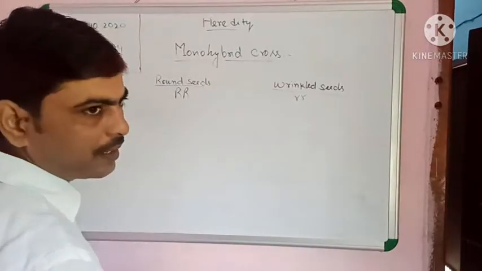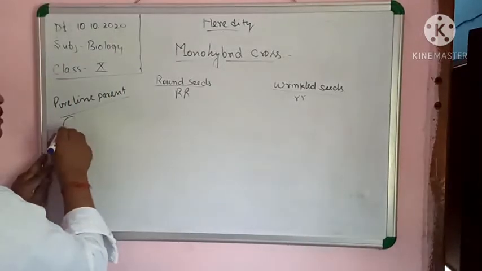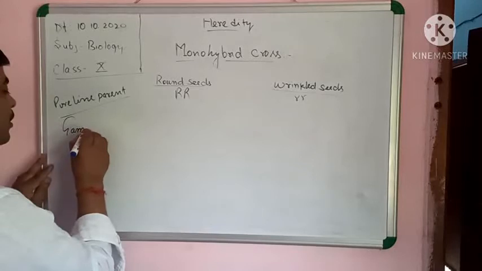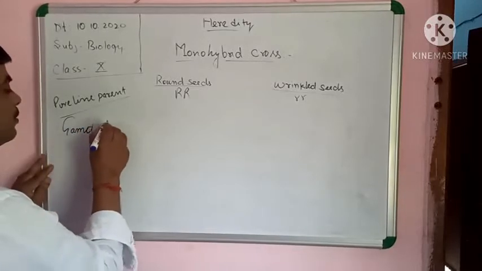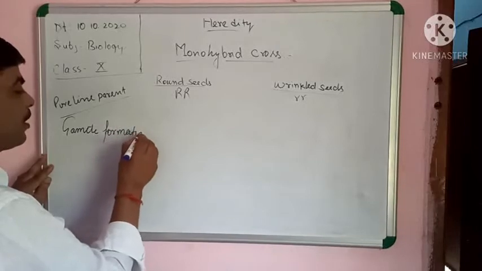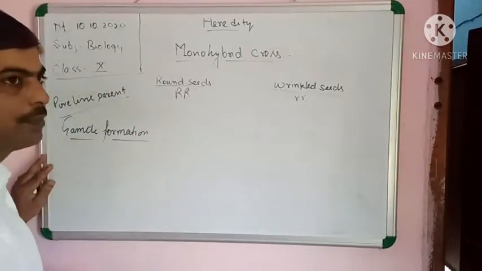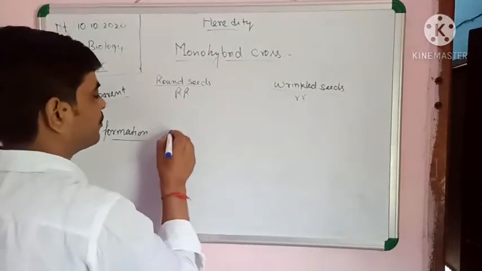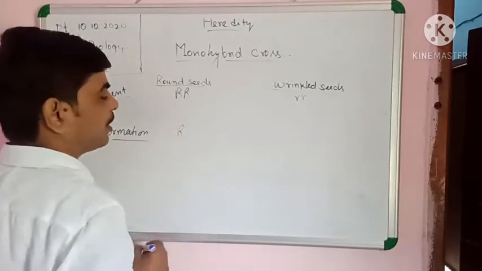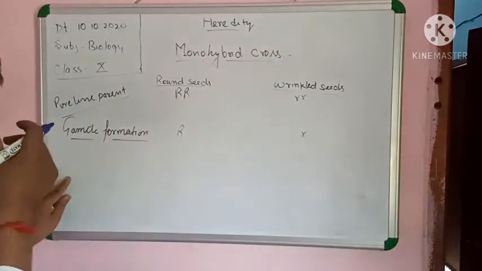Anyone can be male, anyone can be female. Now the next process is gamete formation. As you know, gametes have the haploid number of chromosomes, n number of chromosomes, so they will be in this way.